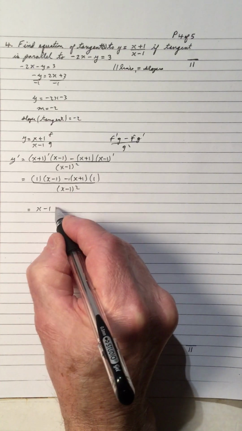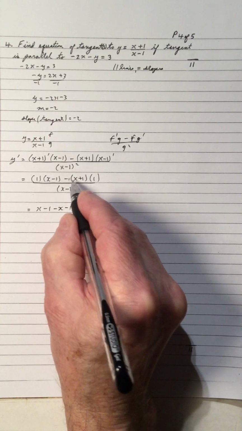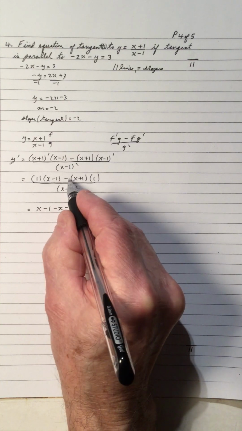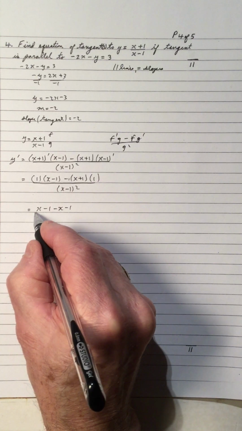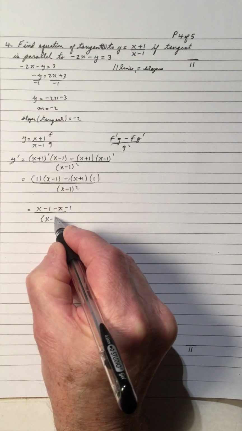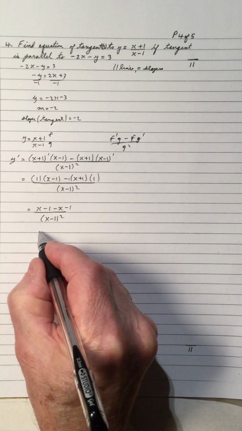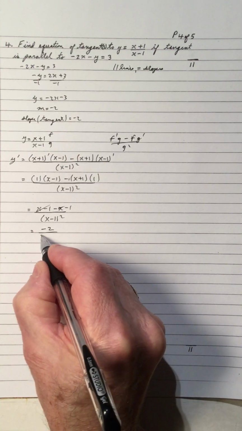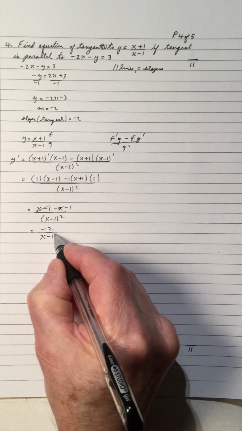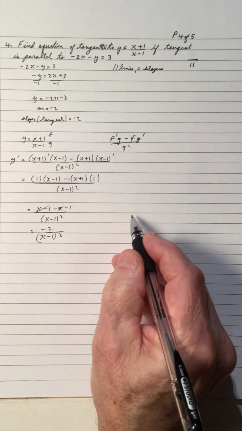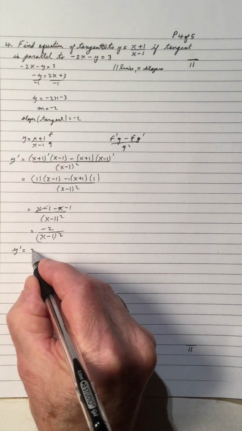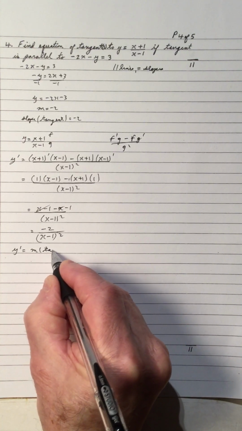Then negative 1 times x minus 1: negative 1 times x is negative x, negative 1 times positive 1 is negative 1, all over x minus 1 squared. And the x's cancel, giving negative 2 over x minus 1 squared. And so y prime is equal to the slope of the tangent.